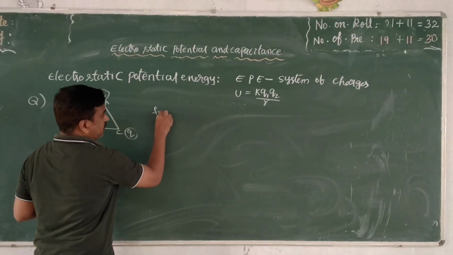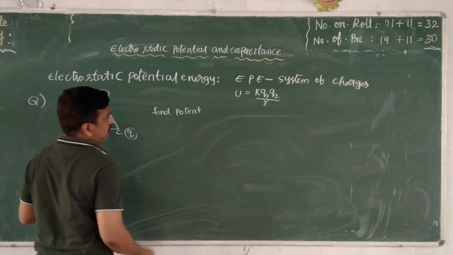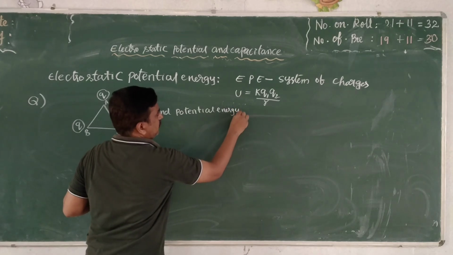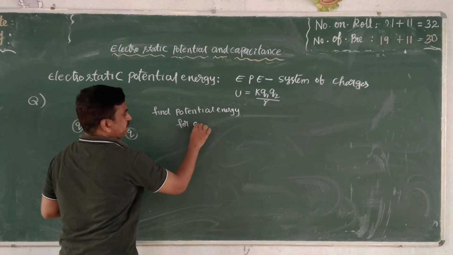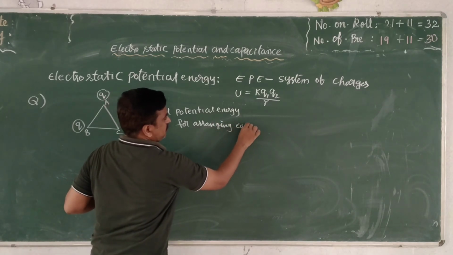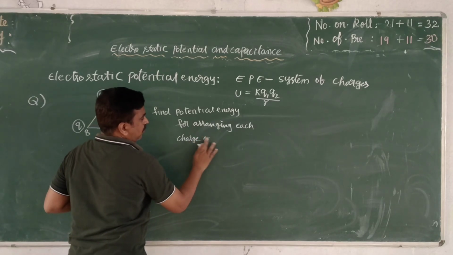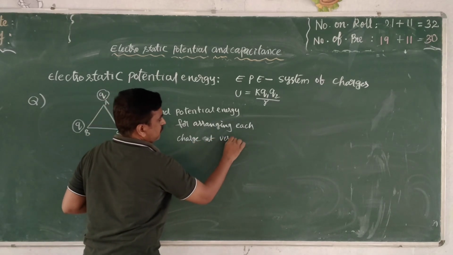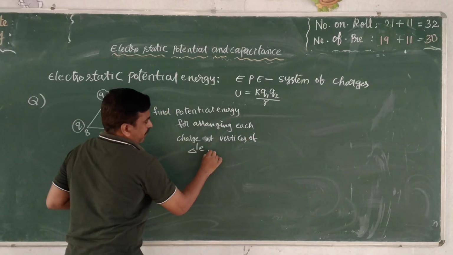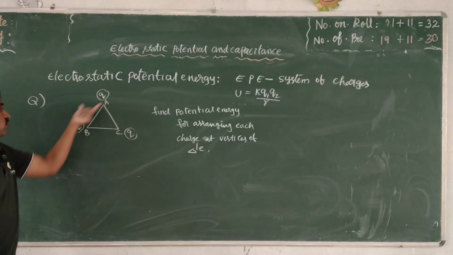When we find the potential energy, it means the electric potential energy for arranging each charge at the vertices of an equilateral triangle. What potential energy is required for arranging each charge like this?